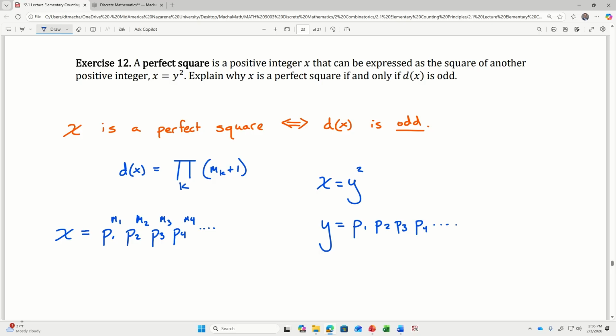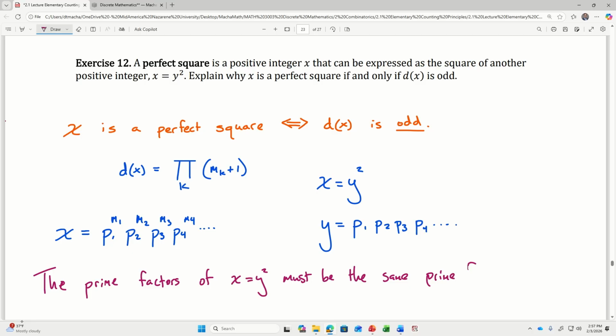Do these prime factors for y have to be the same prime factors as x? Yes. The prime factors of x must be the same as the prime factors of y.